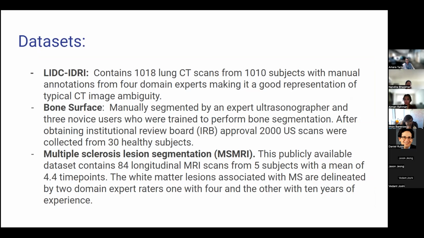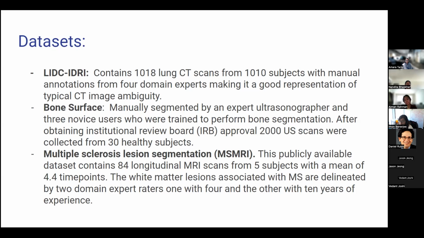For the datasets, in this case we use LIDC, which is a lung CT scan dataset from 1,010 subjects with manual annotation from 4 domain experts. That means we have 4 segmentation masks per image. Then we have bone surface, which is a private ultrasound dataset for bone segmentation.